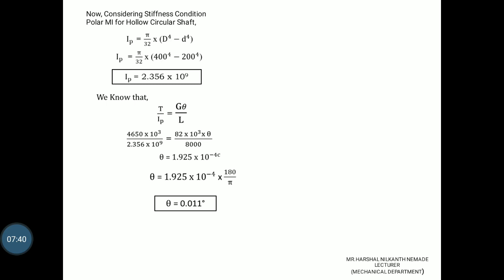After that, now considering the stiffness condition, polar moment of inertia for a hollow circular shaft, Ip is equal to pi by 32 multiplied by capital D raised to 4 minus small d raised to 4. Substitute the value, I will get Ip is equal to 2.356 multiplied by 10 raised to 9.